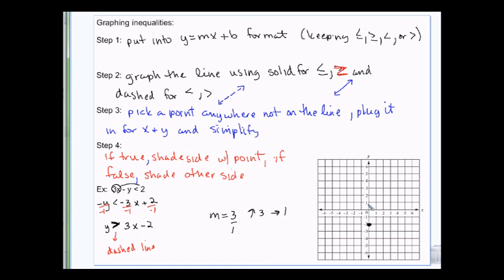So I go up 3 and over 1, up 3, over 1, up 3, over 1. And then, I would recommend using a ruler for this part if you want. And we're going to make a dashed line. That's my boundary. Okay. I'm just going to move this over a little bit.